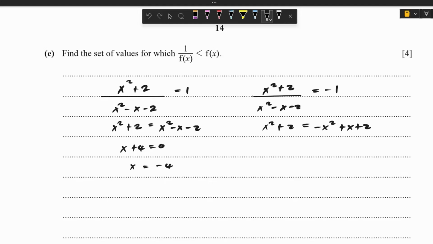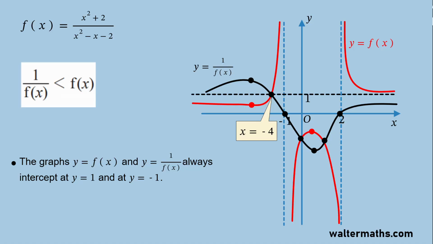And if we move everything to the left side, we'll be having 2x squared minus x, and 2 minus 2 is 0. So all this is equal to 0. Factor out x, and we'll be having x times 2x minus 1 equal to 0, such that x is equal to 0 or x is equal to a half. Alright, so we have 0 and a half being the x values for these 2 points.